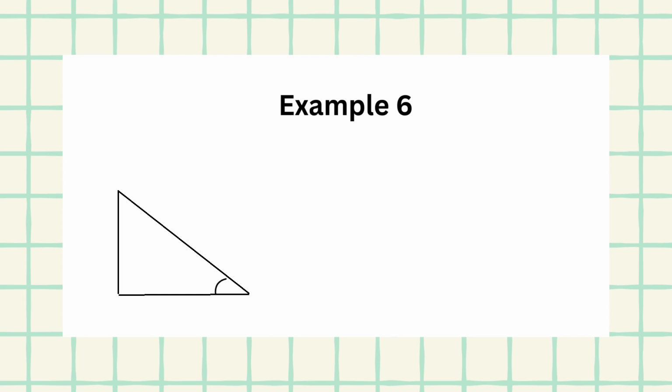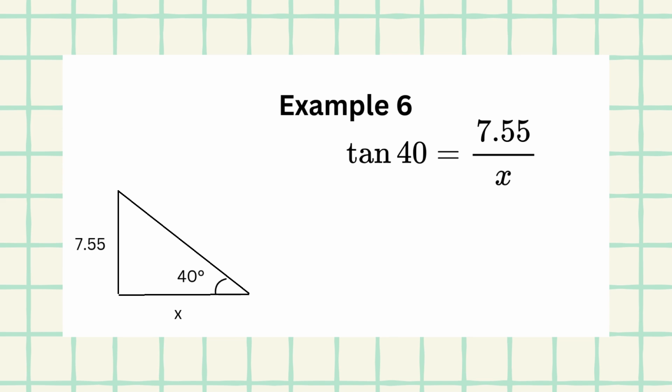Lastly, let's use that example for tangent here. I have my unknown adjacent, which is x, my opposite, which is 7.55, and my angle is 40 degrees. Let's set it out so we know it's tangent. We have got the formula here, tan 40 degrees equals 7.55 over x. Applying the knowledge of algebraic fractions, we have the denominator times the answer, x times tan 40, bottom times top.